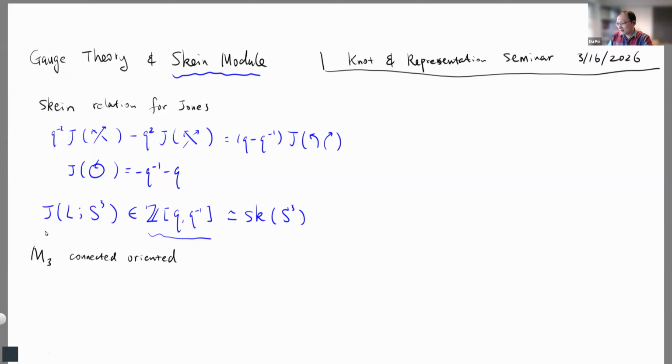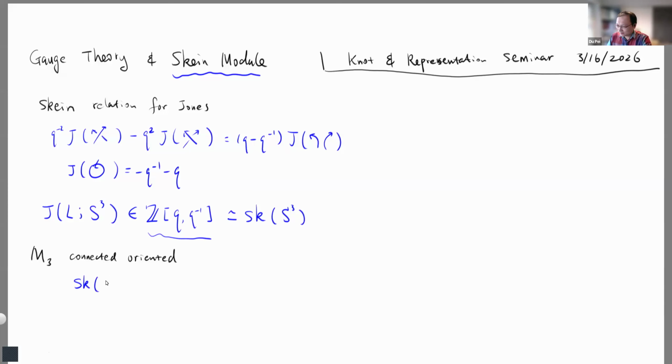Then, if one applies the Jones skein relation for the Jones polynomial, in general, one cannot end up with a Laurent polynomial in q, but instead, one ends up with an element in the skein module associated with M3.